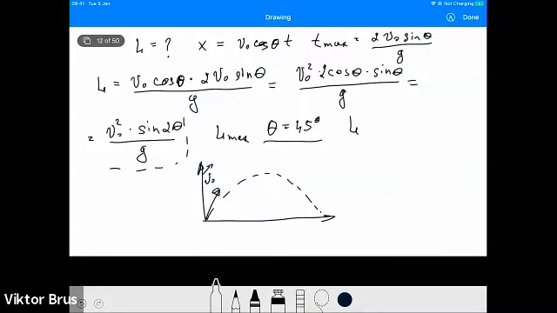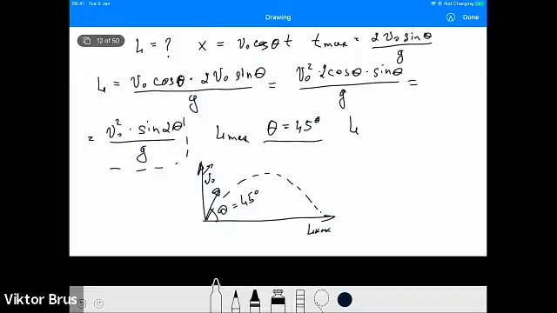Yes. If we have a fixed velocity, then we need to throw our object at the angle of 45 degrees to get the maximum length along the axis X. Is L the distance along the x-axis?